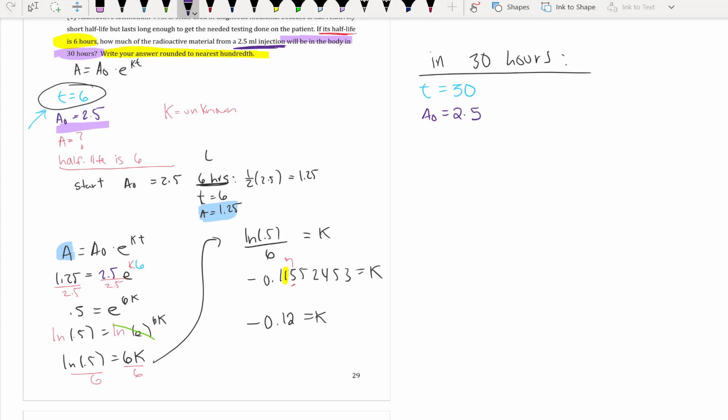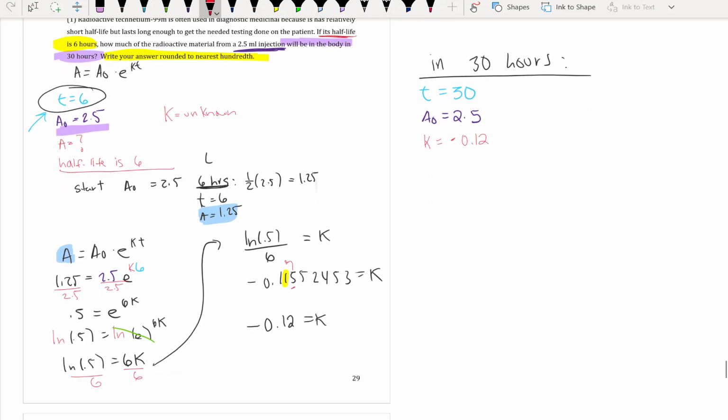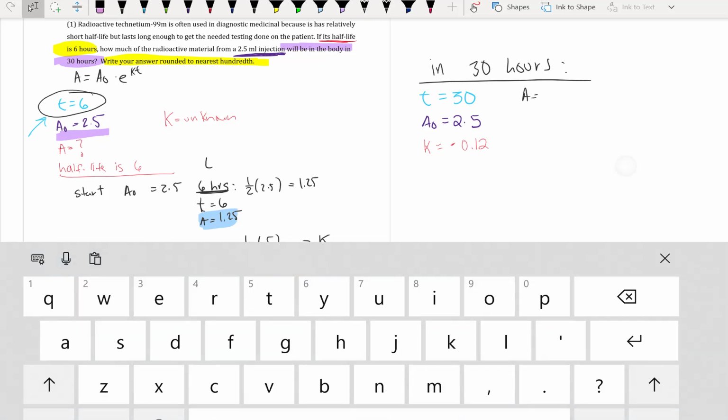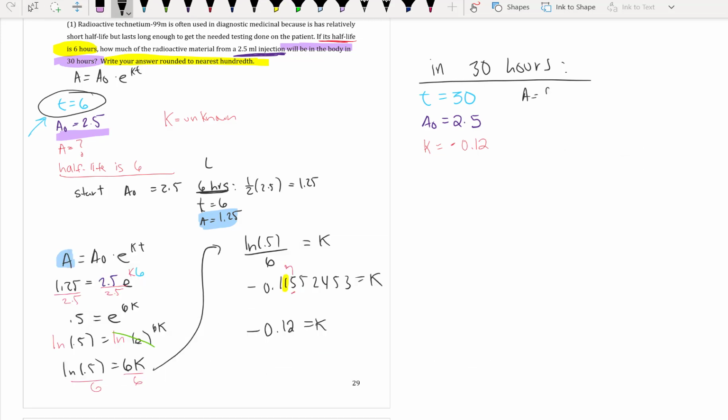And our k, which we found, is always going to be fixed as well. So it's decaying at a negative 0.12, since it's our, what did we call it? Our decay constant. And so the final amount is what we don't know.